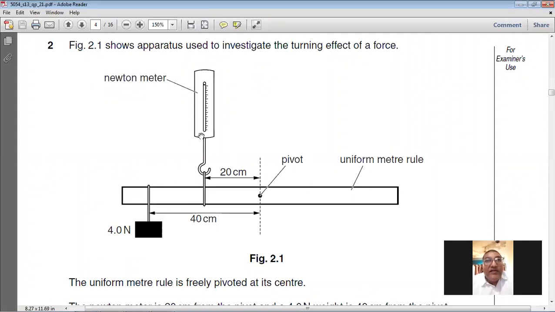Here we have a Newton meter, so it will provide an upward force, and the distance from the pivot is 20 centimeter. This is trying to produce an anti-clockwise moment, and the force here is trying to produce a clockwise moment. Because the thing is in balance, the anti-clockwise moment and the clockwise moment will be equal to each other.